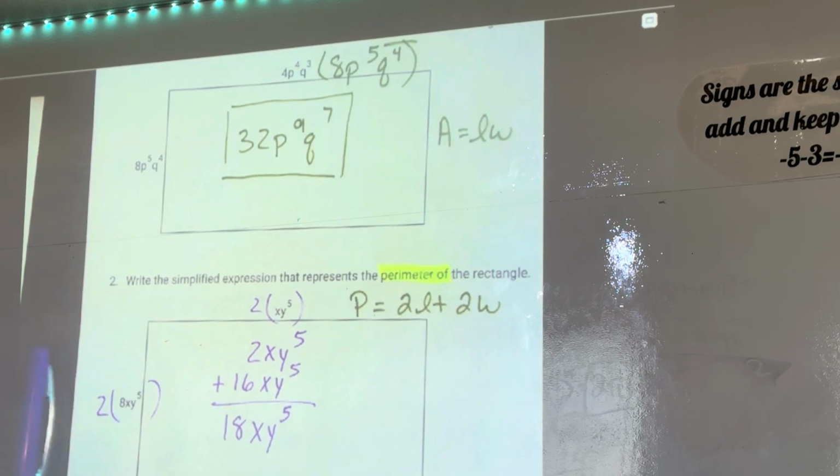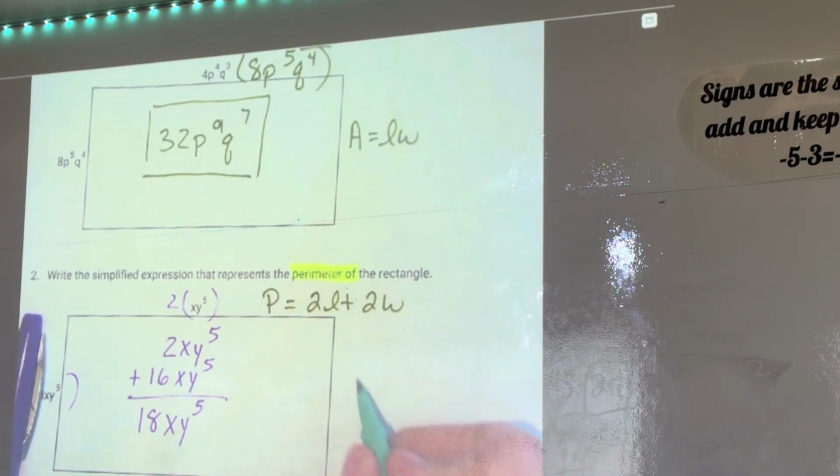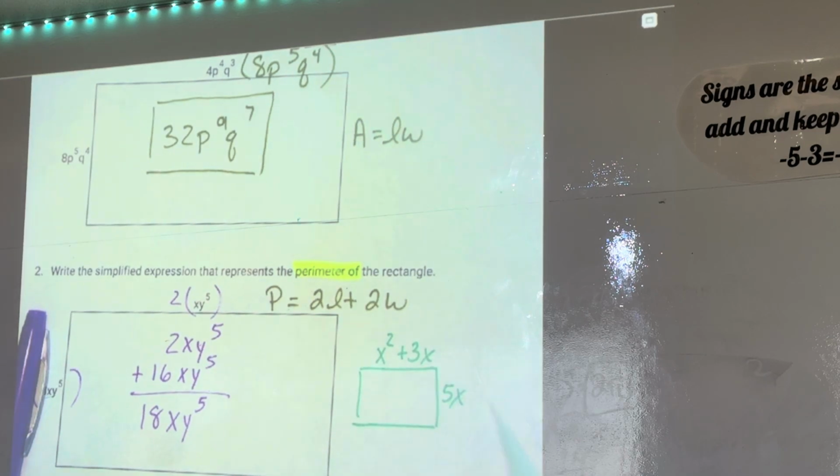So what if, and I'm going to add a problem to it, what if you have, let's see, let's say, x squared plus 3x, and the other side is, say, 5x, and we want to find the perimeter.